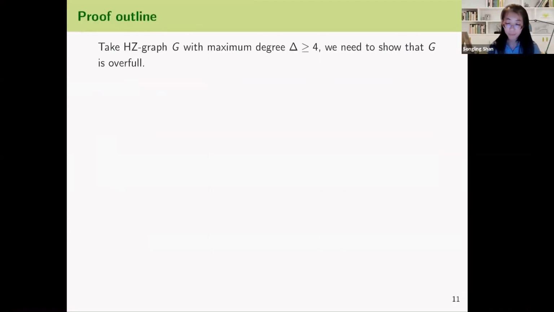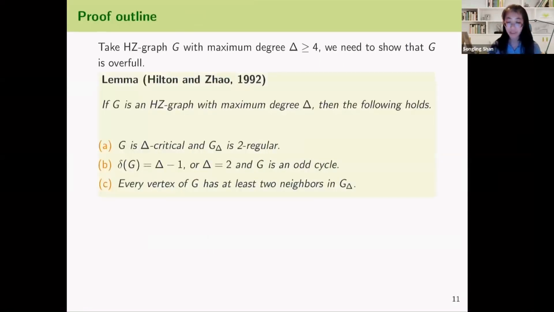And for such a graph, there is a structure characterization. By applying Vizing's adjacency lemma, it's quite easy.